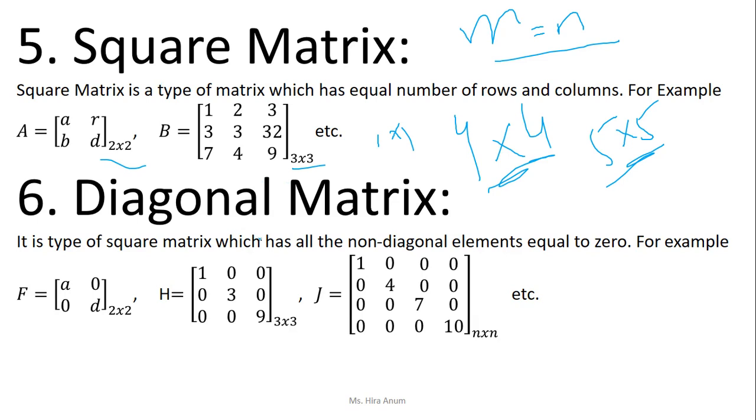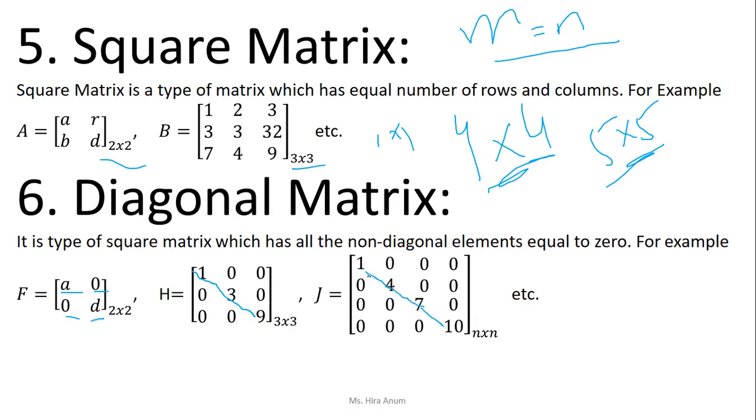Diagonal matrix. In a diagonal matrix, entries of diagonal elements can be nonzero, but other entries are 0. You can say these entries are 1, 3, 9, but other entries will be 0. You can see this 4 cross 4.